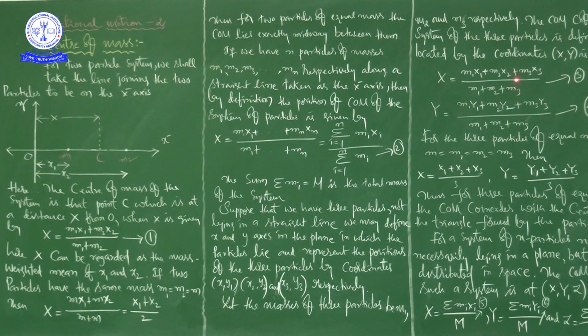When you extend to n particles, x is equal to m1 x1 plus m2 x2 plus and so on up to mn xn, divided by m1 plus m2 plus m3 up to mn. Similarly, y is equal to m1 y1 plus m2 y2 plus and so on up to mn yn, and then in the denominator m1 plus m2 plus up to mn, right?